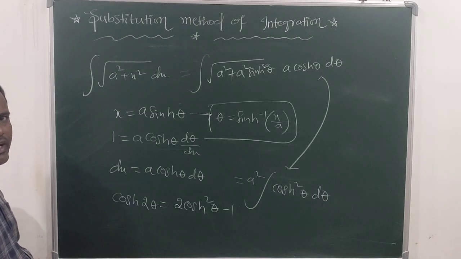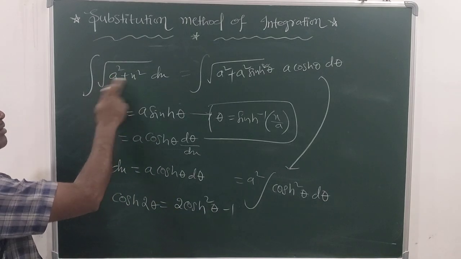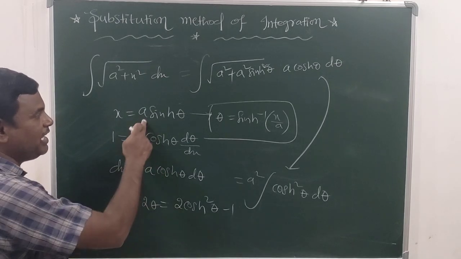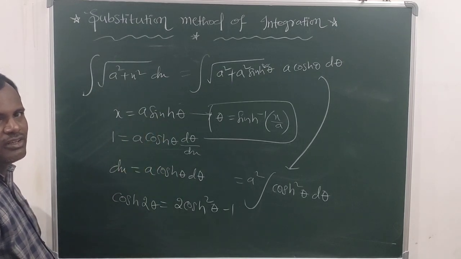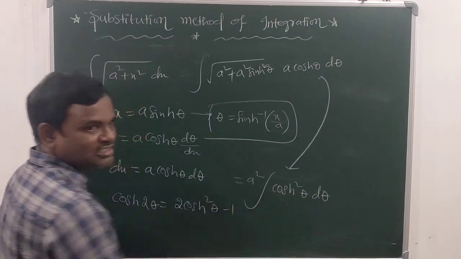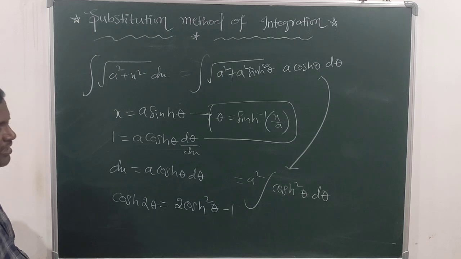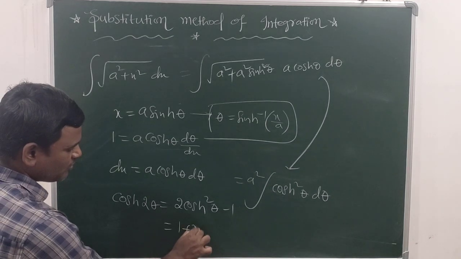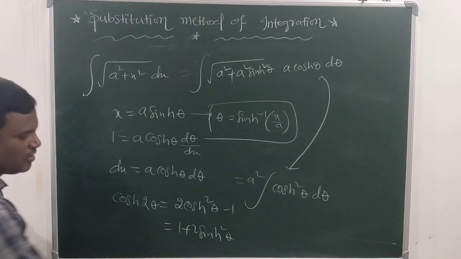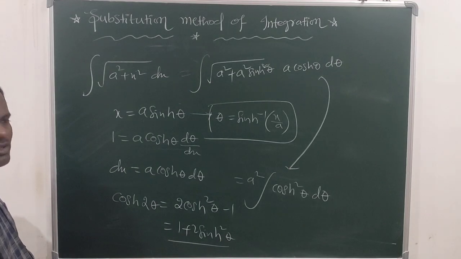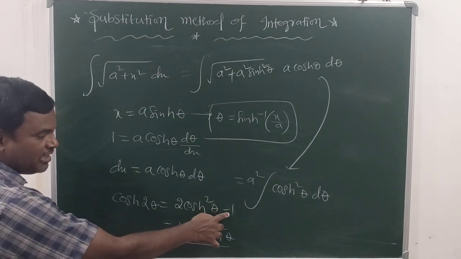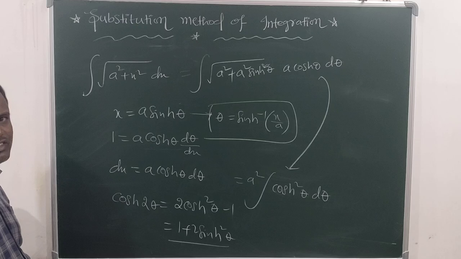Okay, in the next proof, x square minus a square is there. There we have to take the substitution x equal to a cosh theta. In that simplification part you will get sinh square theta, and there you have to use this formula, 1 plus 2 sinh square theta. Okay students, cosh 2 theta can be written as 2 cosh square theta minus 1, or 1 plus 2 sinh square theta.